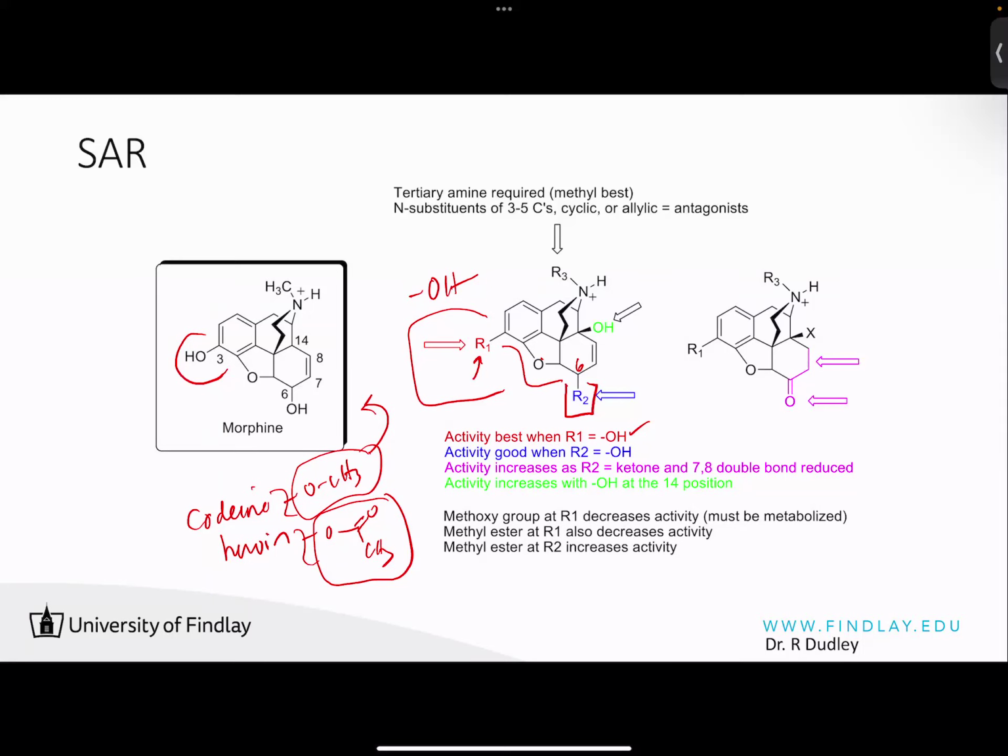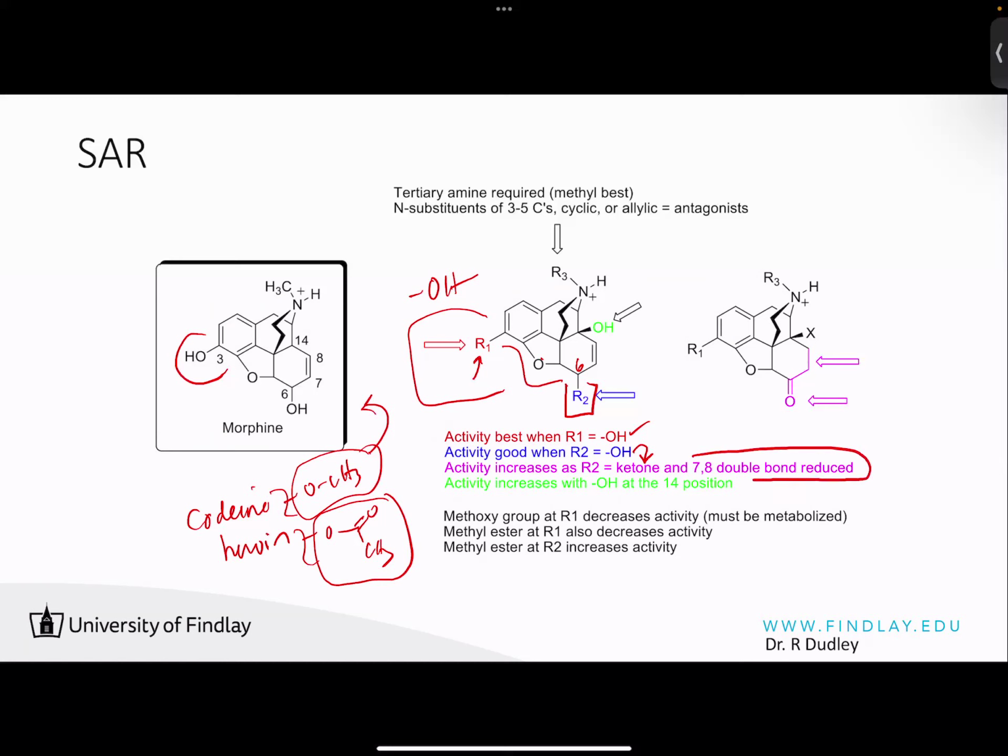And it turns out that you have good activity with an alcohol, but if you were to take that alcohol and oxidize it to a ketone, all right, you get some activity, but that activity actually increases then if you also reduce the double bond.